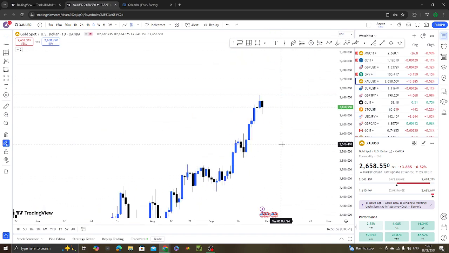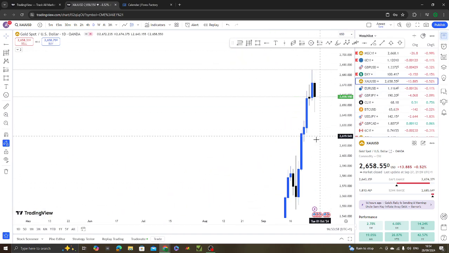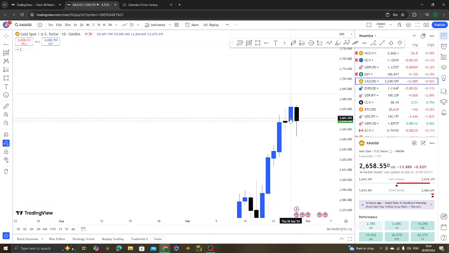Okay, now we'll start from here. I know gold has done the highest it has ever been, but how do we know, and how can we follow it? This candle here was telling you bullish.